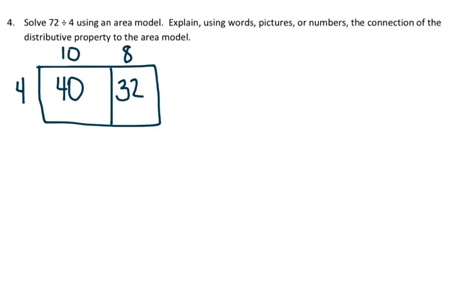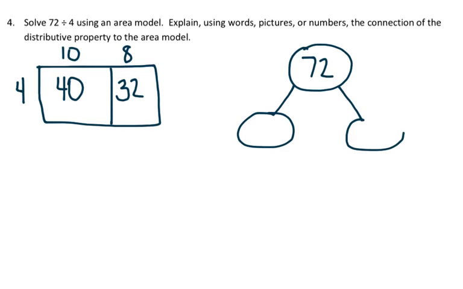Okay, so if I'm going to do that with a number bond, I start with 72. I'm decomposing, breaking apart 72 into two numbers, but keeping in mind that I'm going to be dividing by 4. So 40, and then this one is 32.